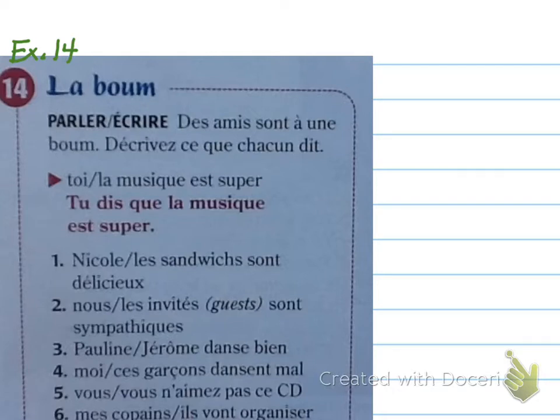Exercice 14. Again, we did this one out loud as well. The party, some friends are at a party. Describe what each one says. So again, you're going to write out those sentences. Again, this becomes the subject. This gets used after your que, and you're going to put your conjugated form of dire and then que in every sentence.